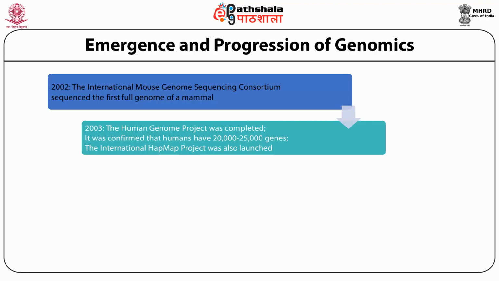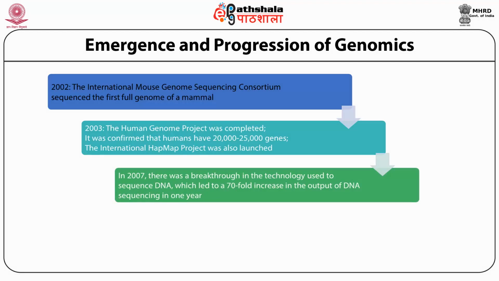The International HapMap project was then launched to create a catalogue of common variations in the human genome. In 2007, with the advent of next-generation sequencing and high-throughput sequencing technologies, another significant breakthrough was achieved.